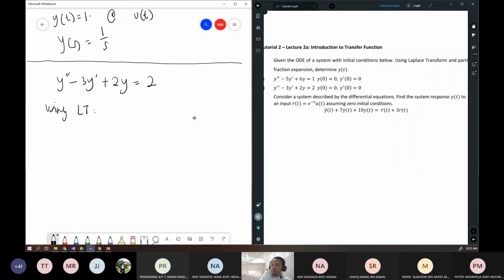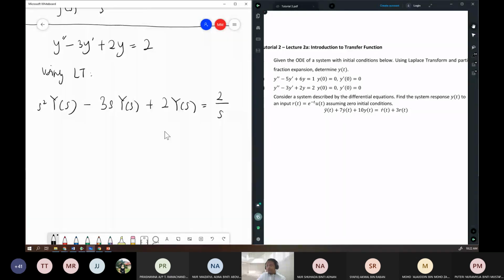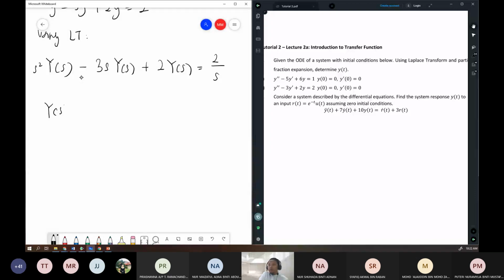So we get s squared minus 3s Y(s) plus 2 Y(s) equals 2 over s. Then rearrange to get Y(s).